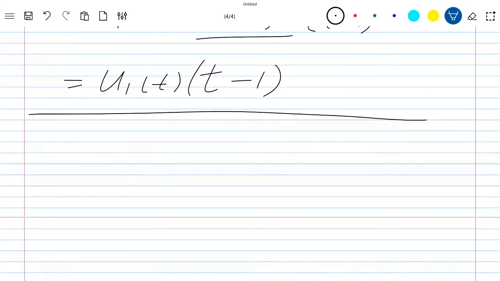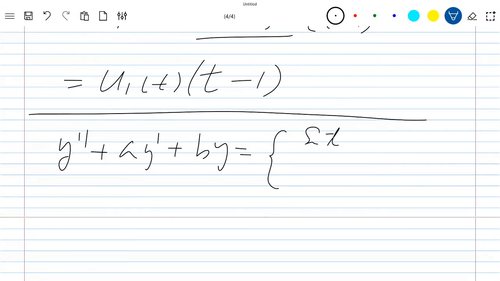Now let's get more preparation before we apply that. Say your equation's right-hand side is piecewise defined. You have, let's say, sine t when t is less than 1, say t when t is between 1 and 2, and say it's 1 when t is beyond that.